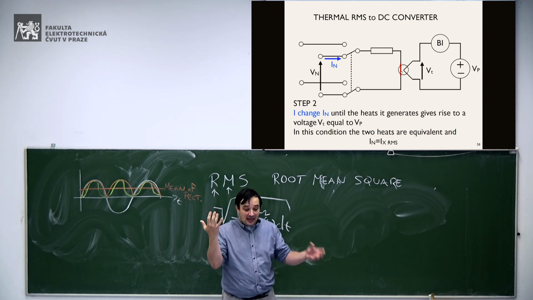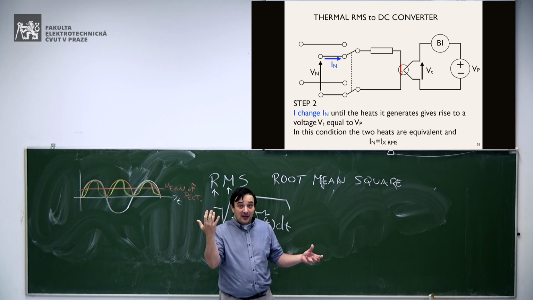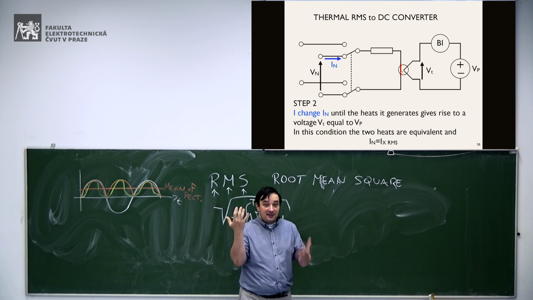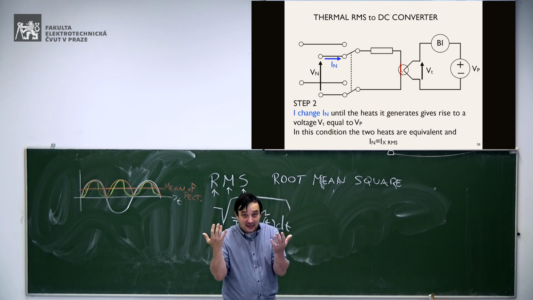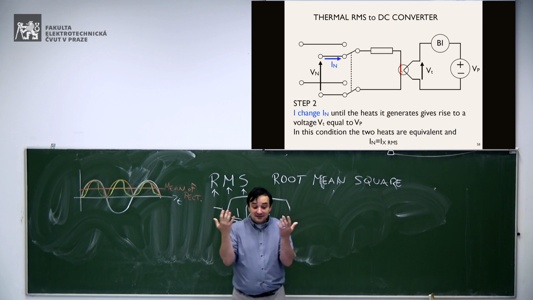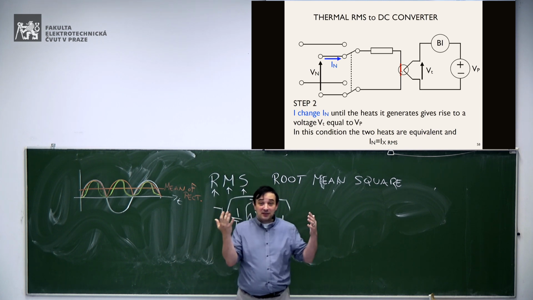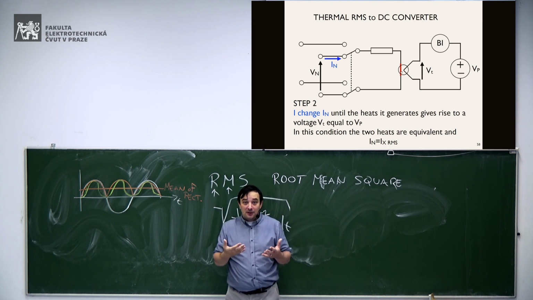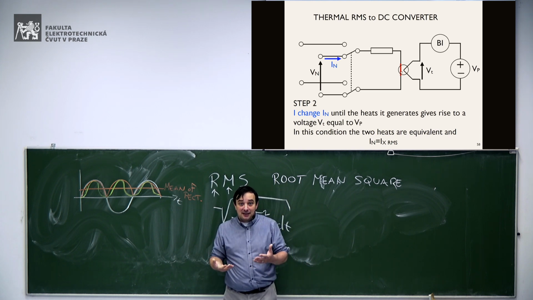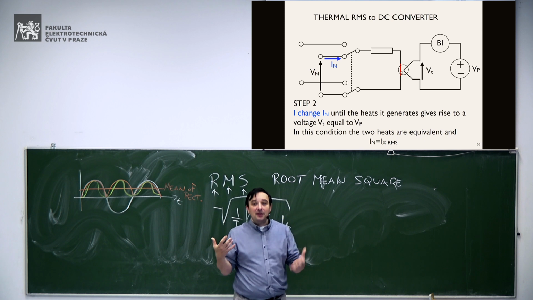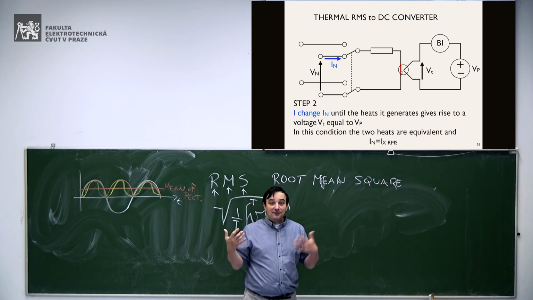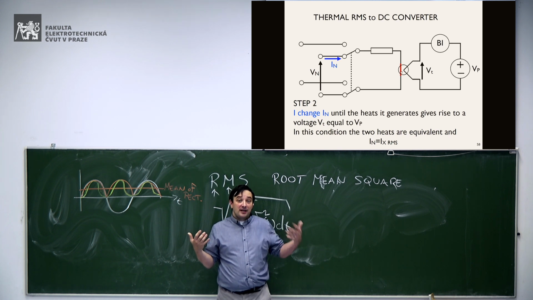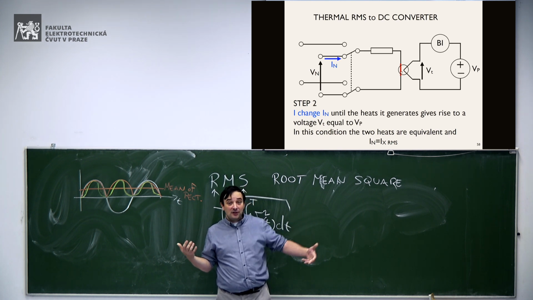I increase the current, and when I see that I have a balance again, it means that Vp is equal to Vt again. But this means that Vt is equal to the same Vt we had before. Remember, the thermocouple creates the same voltage we had before when we were creating heat with the unknown current.